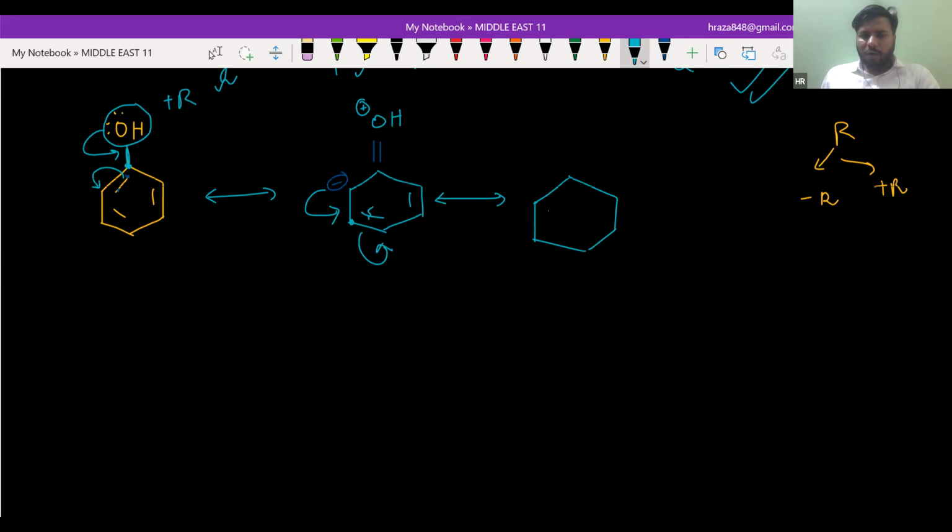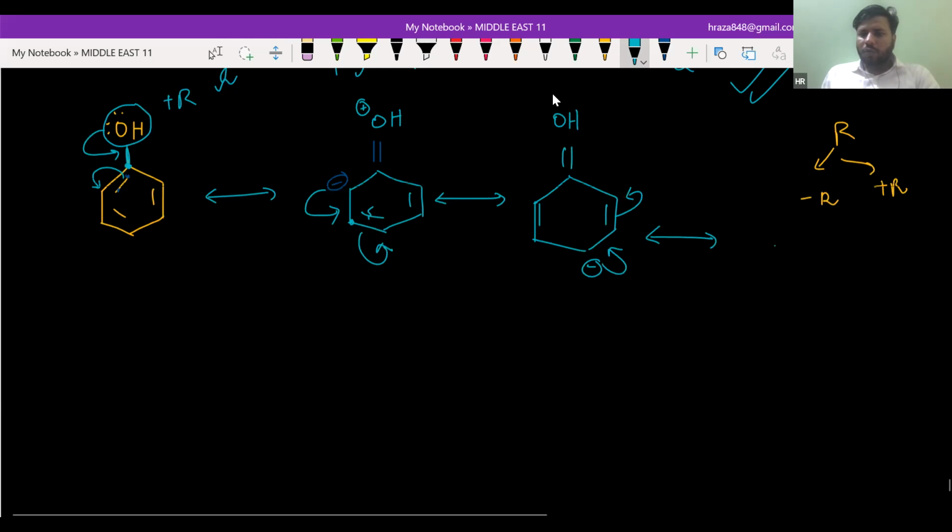So again, the double bond will be moved to this side along with the negative charge, and OH here will be the positive charge.